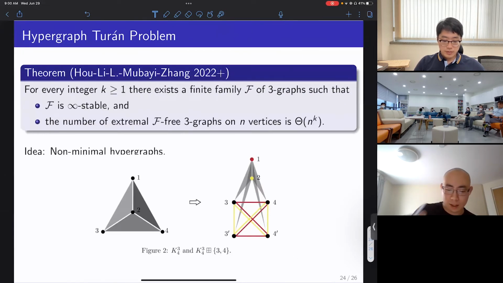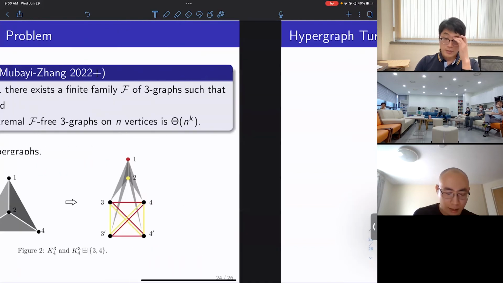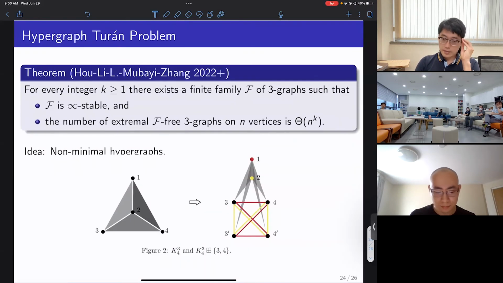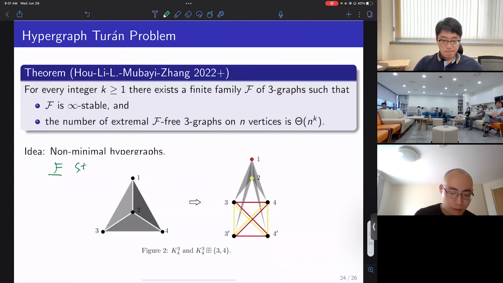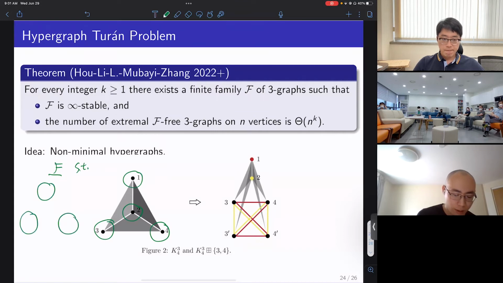It's a very simple operation. For example, if I take a complete 3-graph on 4 vertices, I can find some family F such that the extremal construction for F is the blow up of this 4-vertex 3-graph, meaning every extremal F-free 3-graph has this structure.